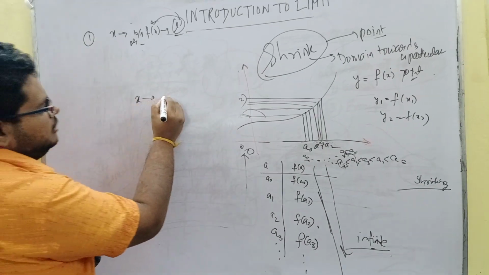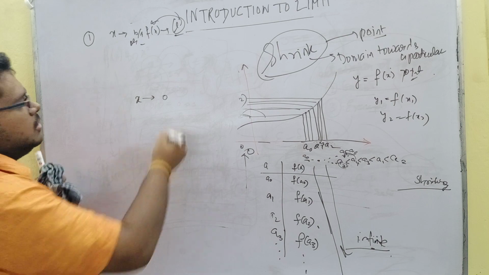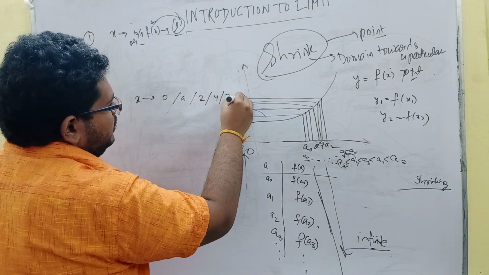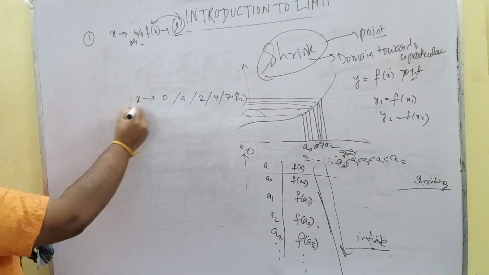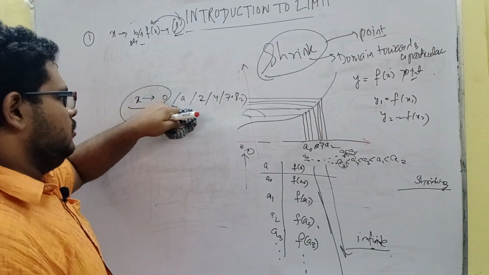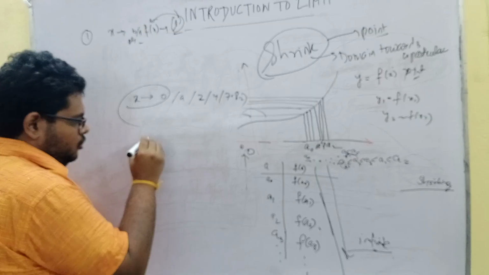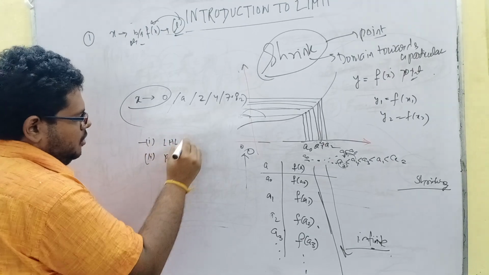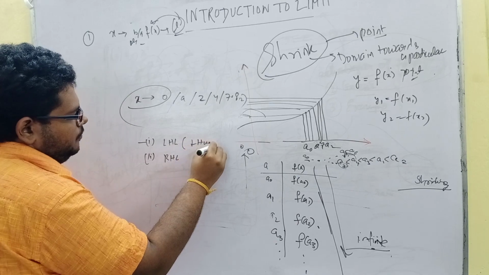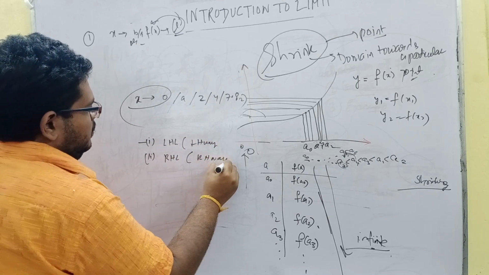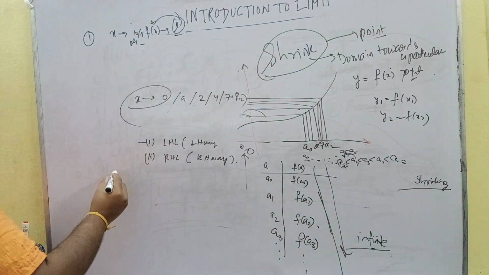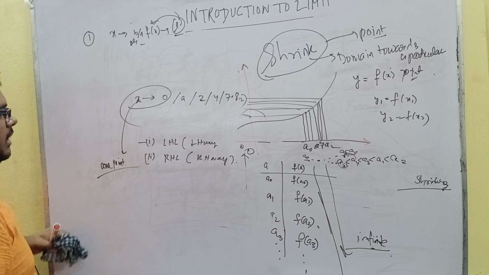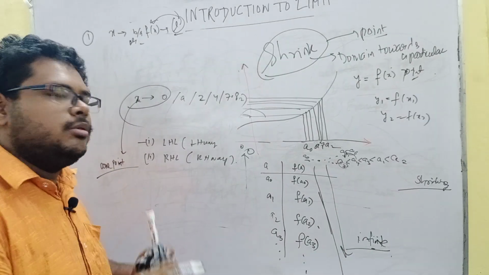If this tries to reach 0 or some a or some 2 or some 4 or some 7.8, no problem. If this tries to tend to 0, this can be done in two ways: left hand limit, right hand limit, or left hand way of reaching, right hand way of reaching. So there are two limits associated with one point.